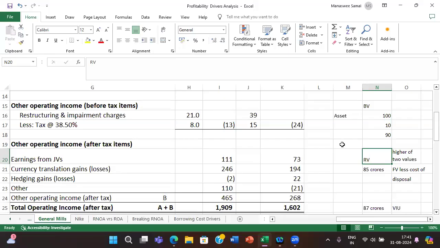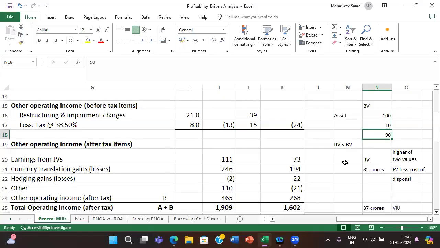Therefore, you say if recoverable value as a number is less than book value, then it is a case of charging impairment loss to the P&L. So in this case, 3 crore impairment loss will be charged to the P&L, and through that loss recognition will bring down the asset value to 87 crore in the balance sheet.